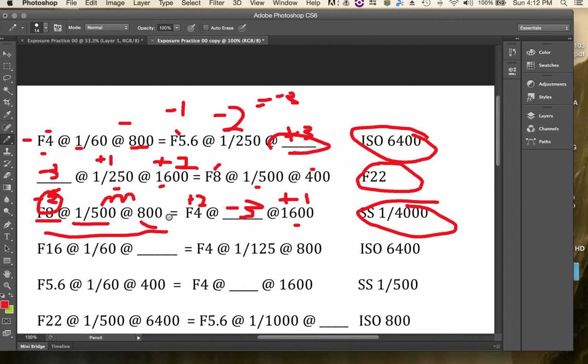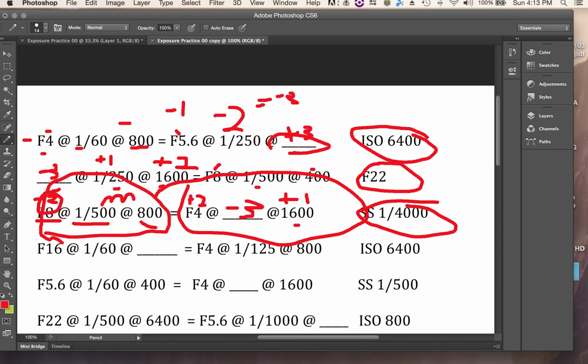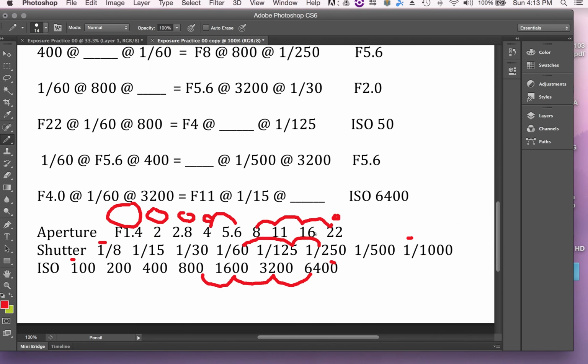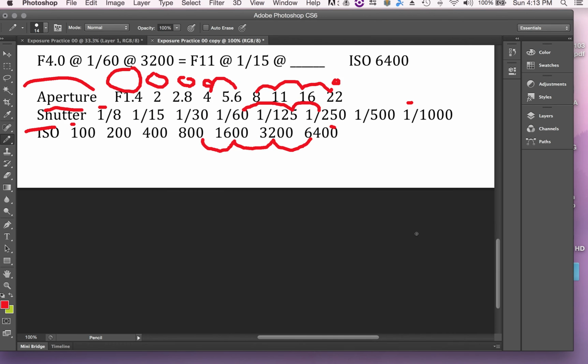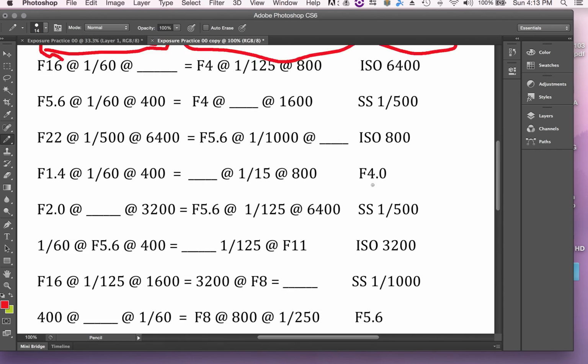And this is the mistake that I think everybody makes the most. I know I do. I just did it. Always start on the side with the blank and then start doing your math. If you can manage to do that and you understand these things, more light or less light, you'll do well on this exam.